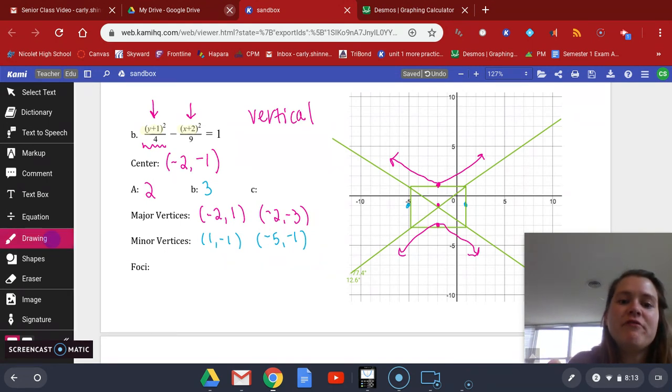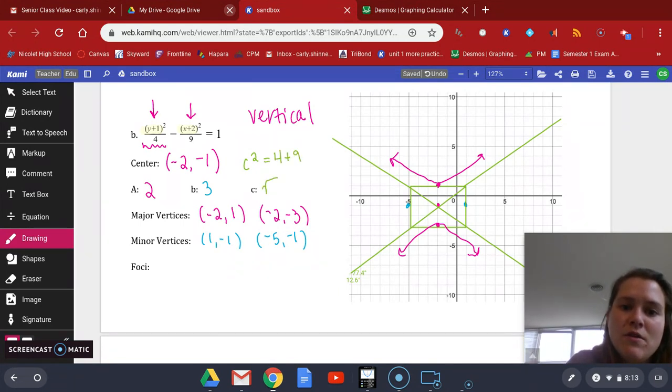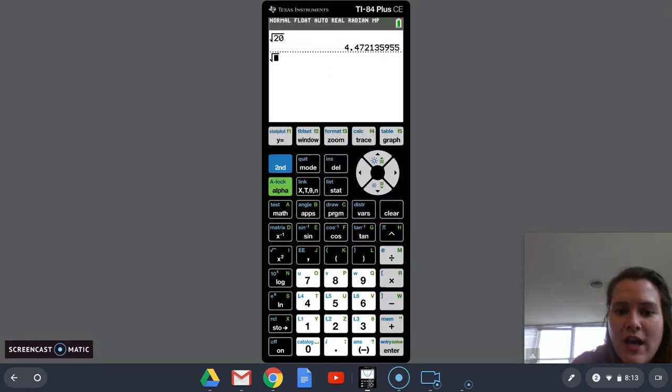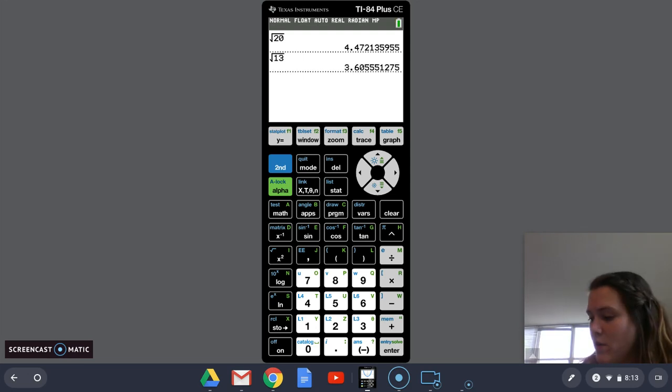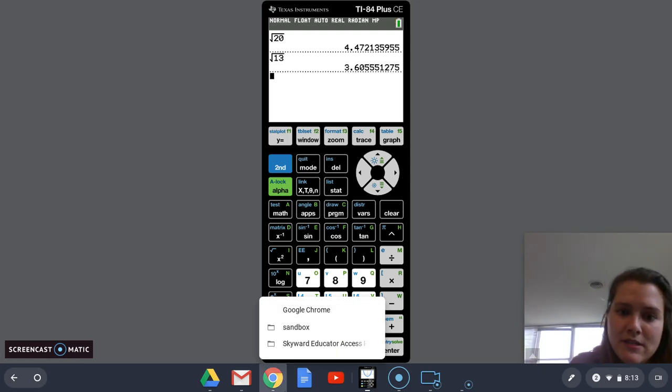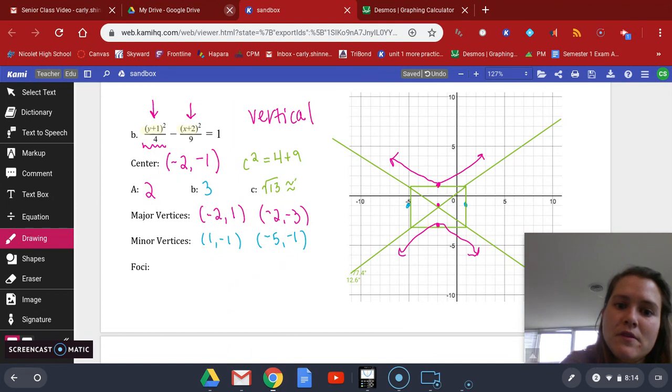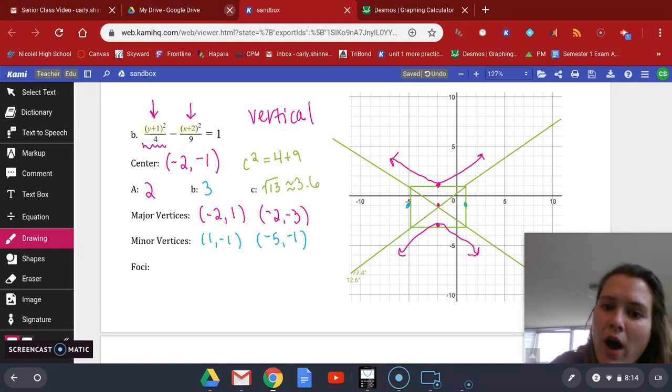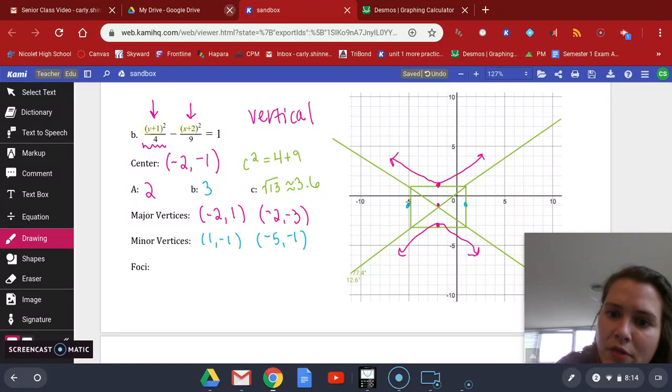Now let's solve for my C. So C squared is going to be 4 plus 9. So that would be the square root of 13. And so let's get a decimal approximation on that. Looks like it's going to be about 3.6. And so I'm going to go up 3.6 from my center. So up 1, 2, 3.6, down 1, 2, 3.6, okay?